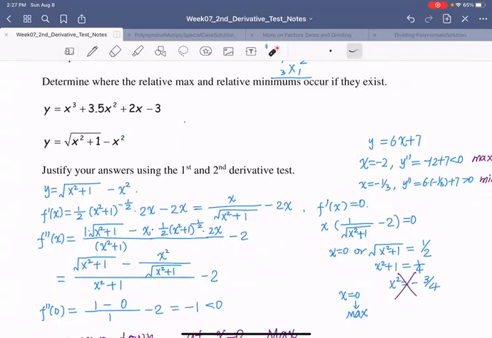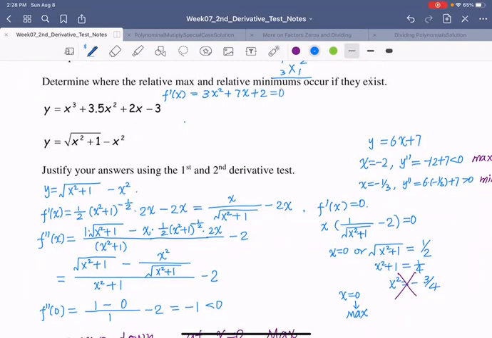Claire, let's do this one together. Tell me what's the first derivative. 3x squared plus 7x plus 2. We want to make this equal to 0.